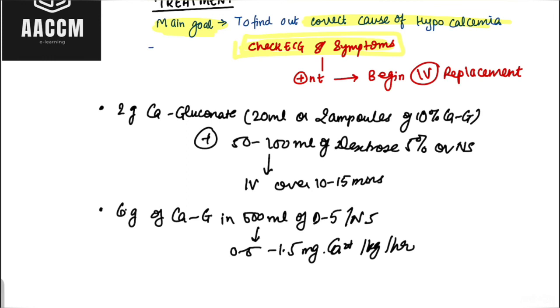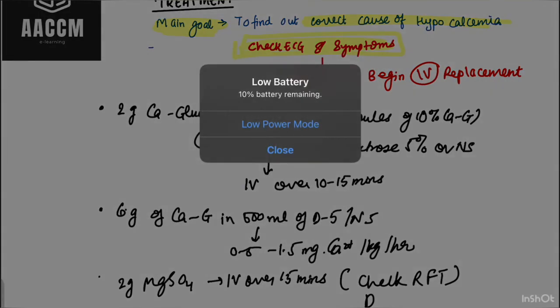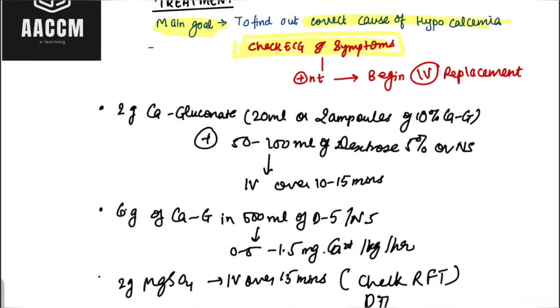Next thing, check for other levels of ions. Suppose the patient is having hypomagnesemia. Take 2 grams MgSO4, give it IV over 15 minutes, right? Obviously, check for RFTs before this. Check for deep tendon reflexes before this, right? This is the scenario.